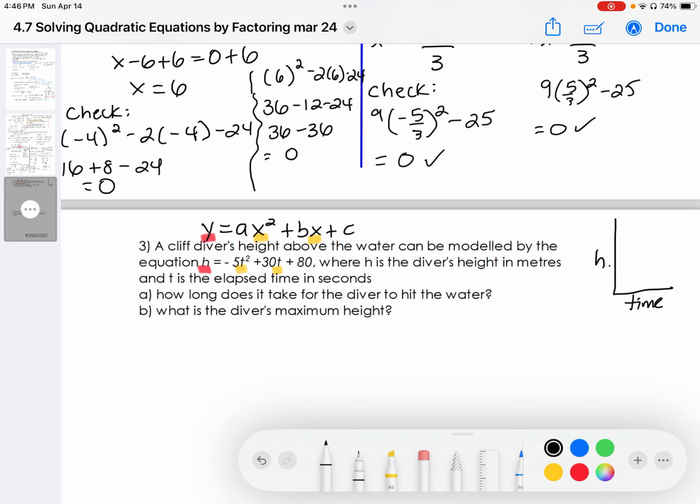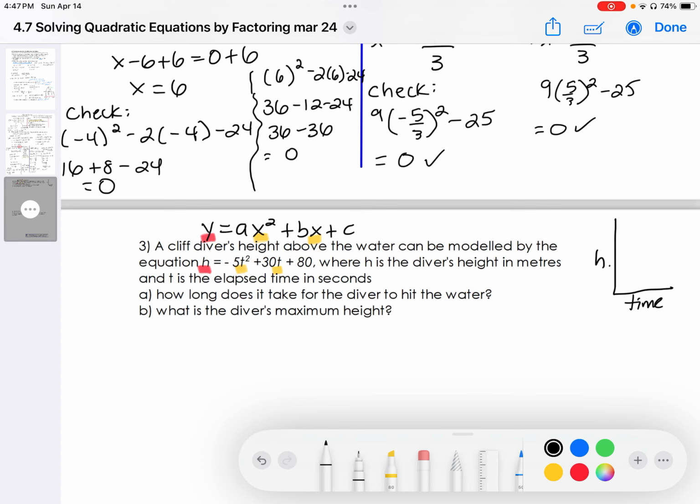We are controlling the time. How often are we measuring the height? Okay? I know you do that in science class as well. So then, how long does it take for the diver to hit the water? When you have a word problem, we're going to think about two things that are logical.